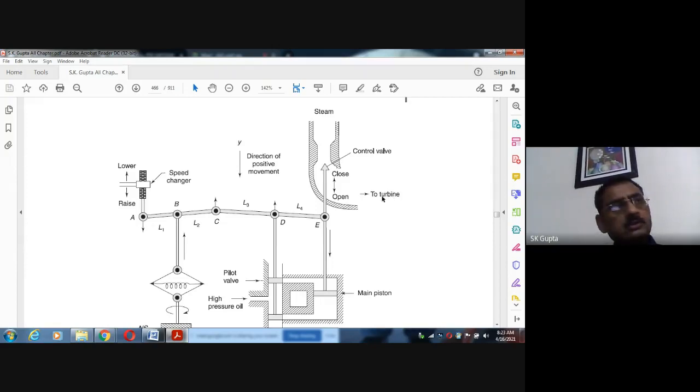When this will increase, more fuel means more energy will go, more power will go. This extra power will balance the output power. At that time, input will be equal to output. By that time, the speed has gone down, but input will be equal to output from here.